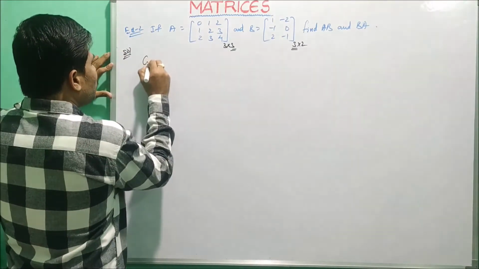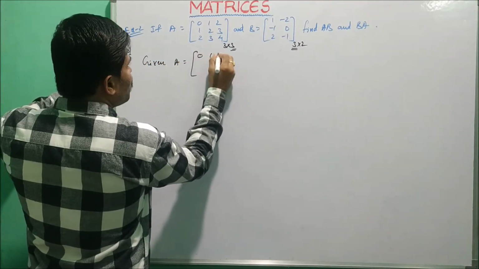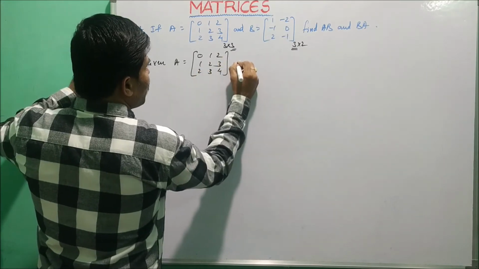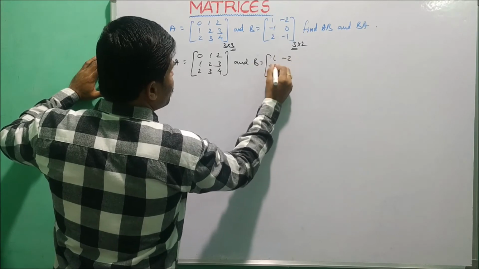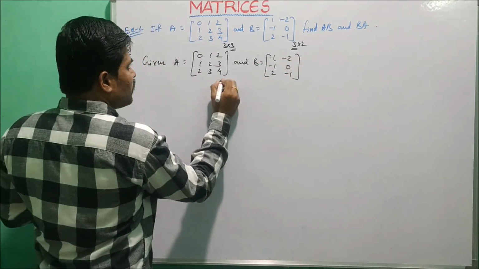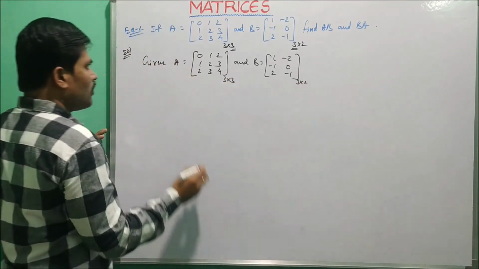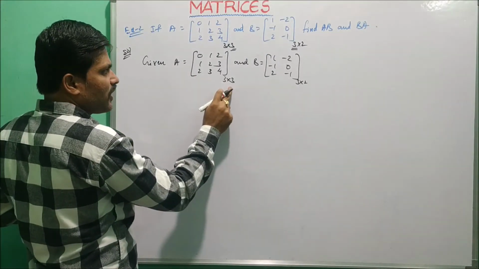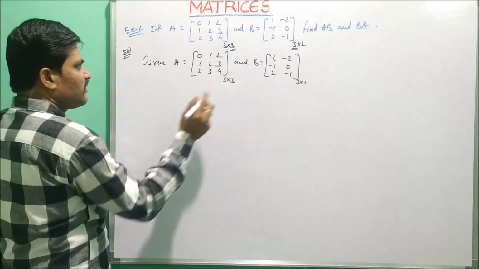So first of all we write the given A equals the matrix 0, 1, 2, 1, 2, 3, 2, 3, 4. Similarly we write the matrix B equals 1, -2, -1, 0, 2, -1. The order of A is 3 by 3, and the order of B is 3 by 2. Clearly the number of columns of A and the number of rows in B are equal, that is 3.